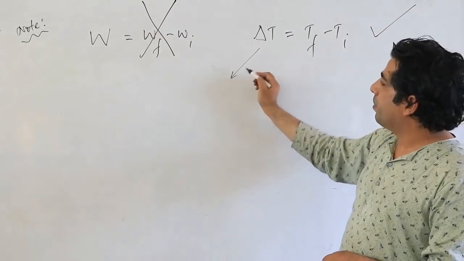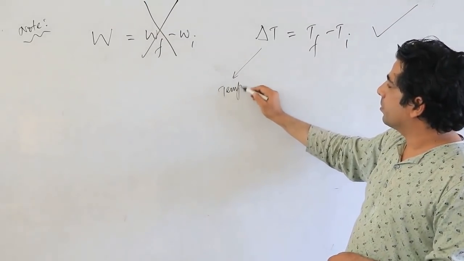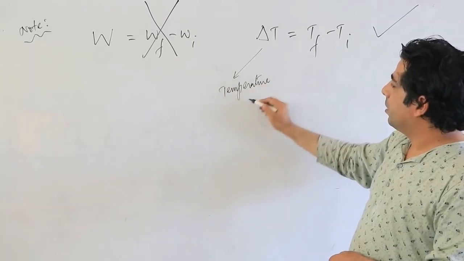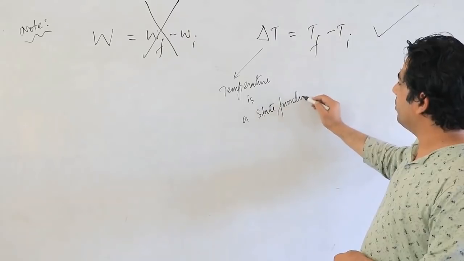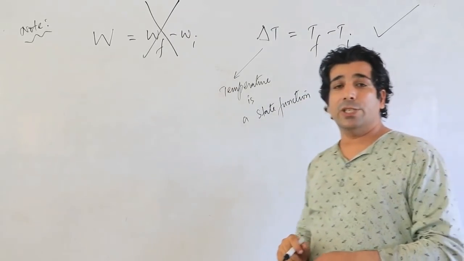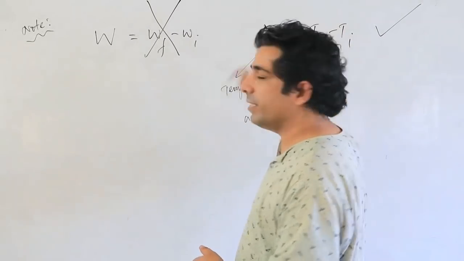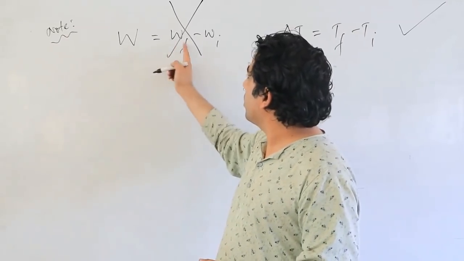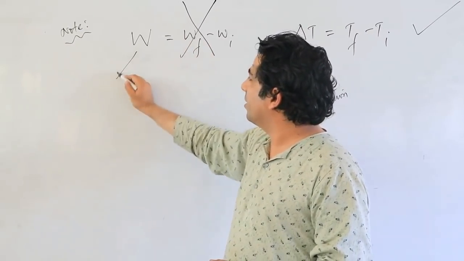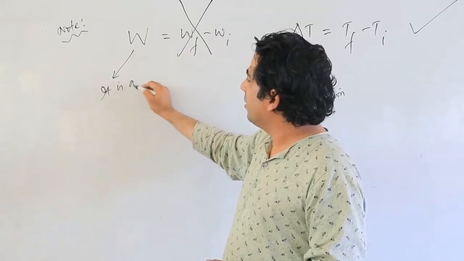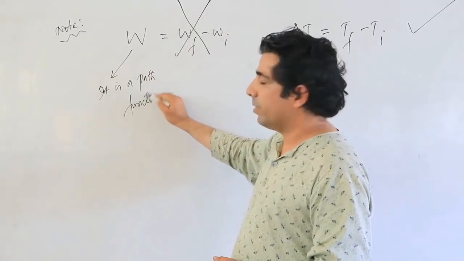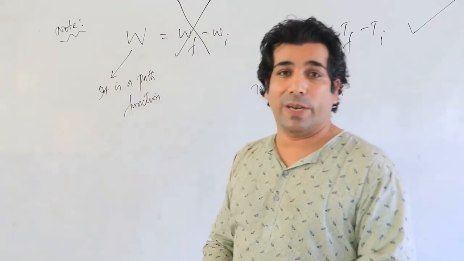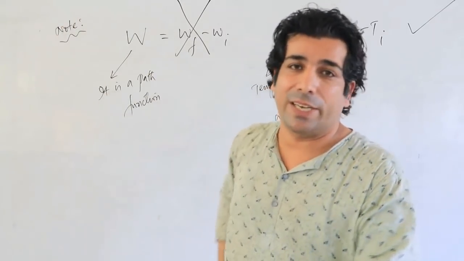Because temperature is a state function, so it depends upon the initial and final state of a system. But you can't write down work final minus work initial, because it is a path function. It depends upon the path of the process. It does not depend upon the final minus initial kind of things.